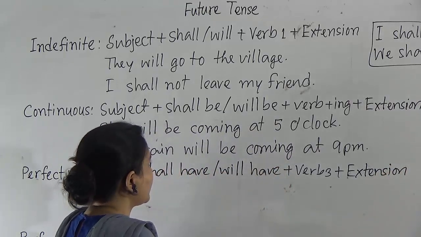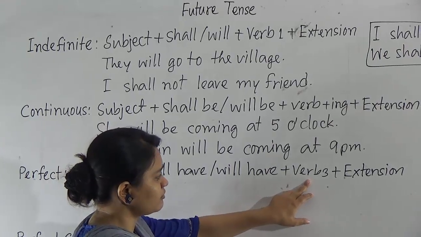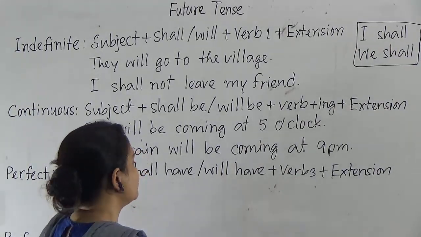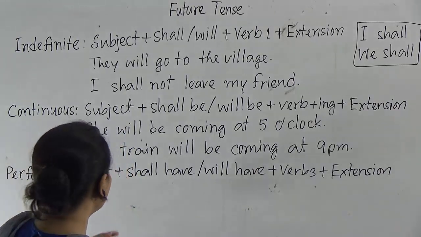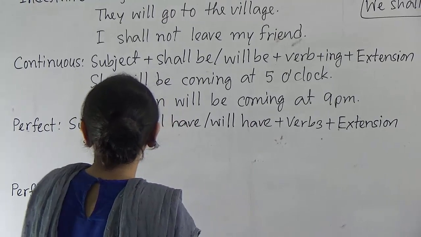And we know that there are three forms of verbs: present, past and past participle, and you should know the conjugation of verb to understand verb 1, verb 2 and verb 3.